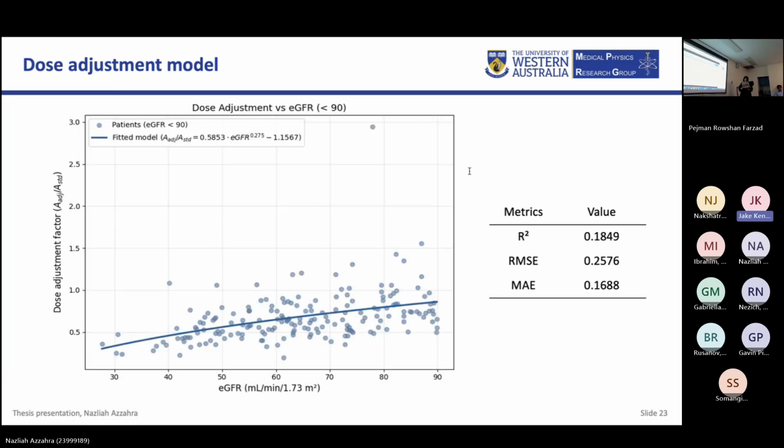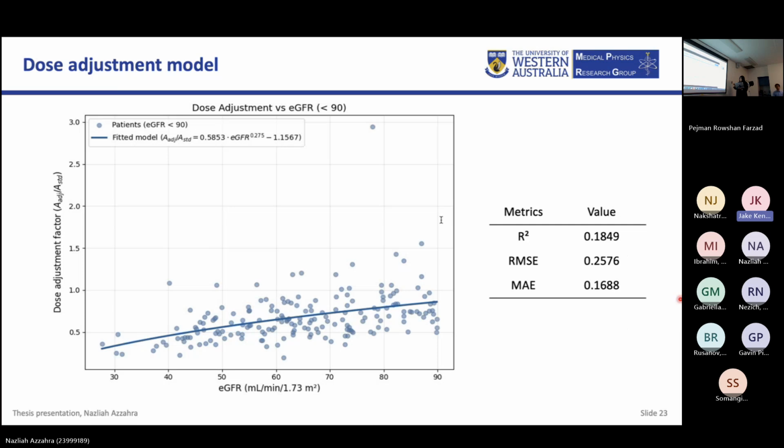After modeling the data, we obtain a mathematical regression model to adjust the dose. We can see the equation on the top left again. And for the metrics, we got R equals 0.8185. It is pretty low, but the root mean square error and mean absolute error are around 0.6 and 0.7, which means the average error of the prediction is quite small.